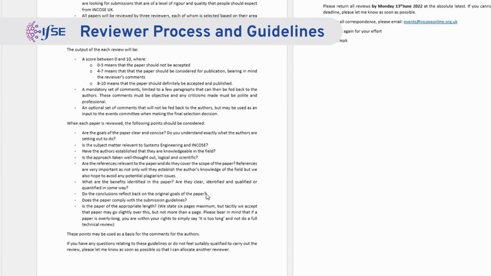of references. The reviewers are explicitly told that if a paper is too long, that they can mark it down. And if a paper is very, very long, they can just refuse to review it or give it a 0. This is important because we have some people that have submitted papers that have been in excess of 28 pages long.